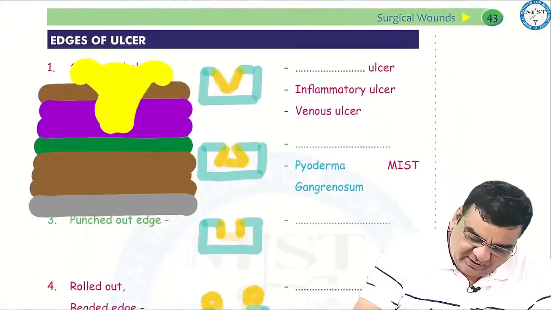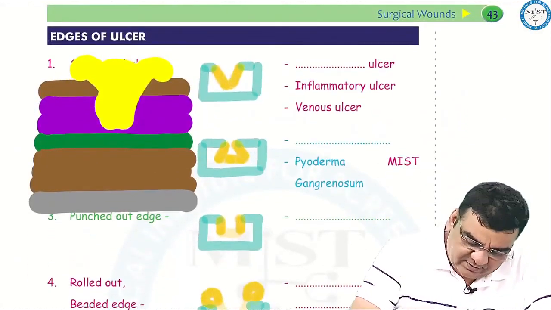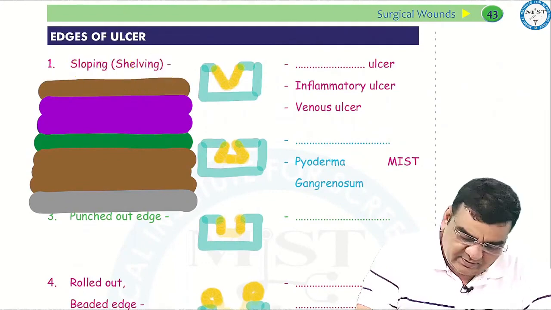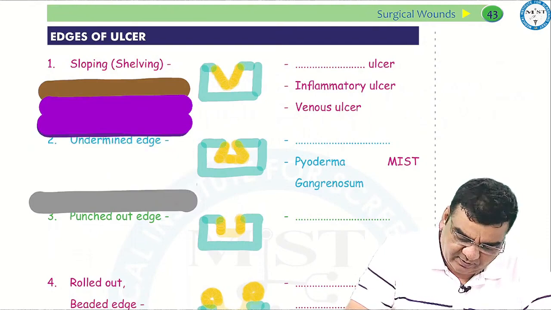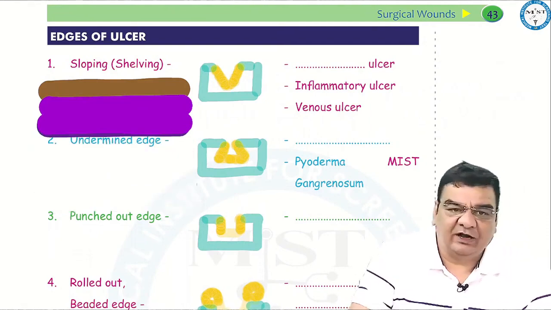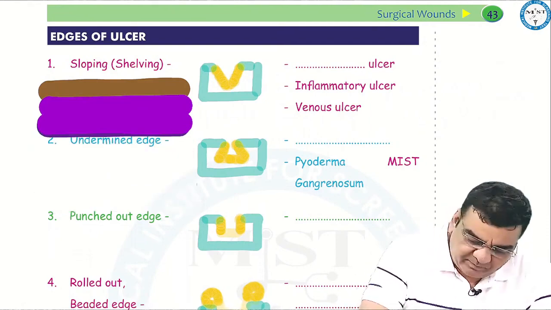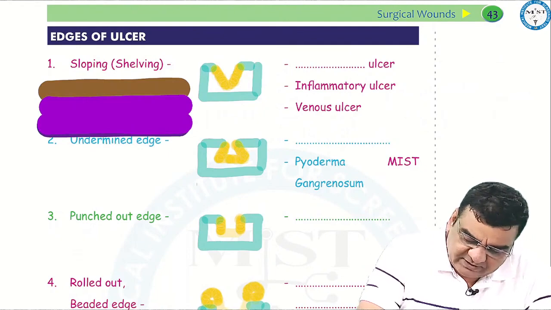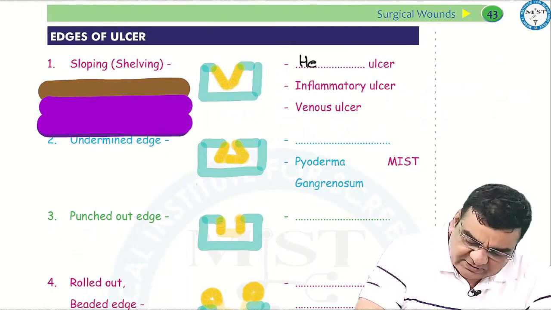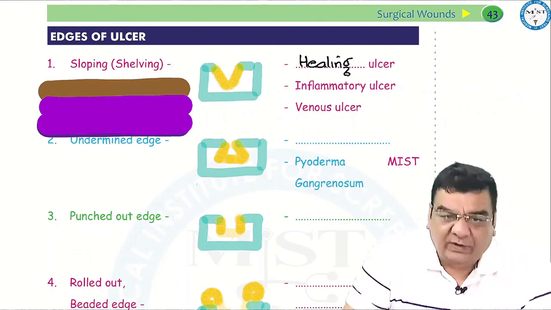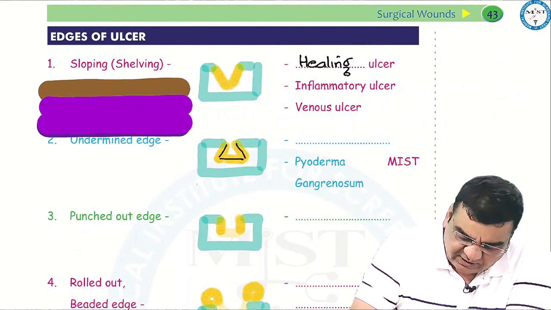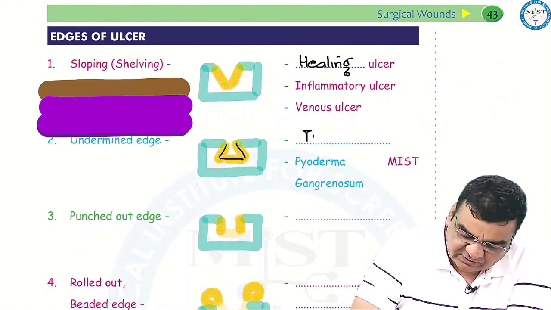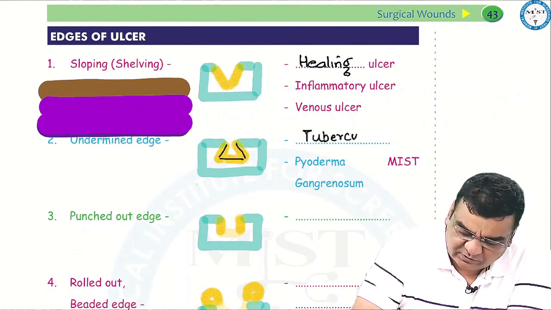So herein, the sloping or shelving edge of the ulcer, beta, is what we commonly see in cases of healing or inflammatory ulcer, or a venous ulcer. While the undermined edge, beta, is seen mainly in cases of tuberculosis.